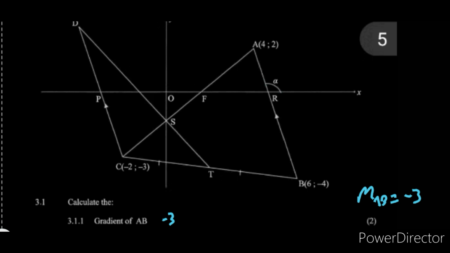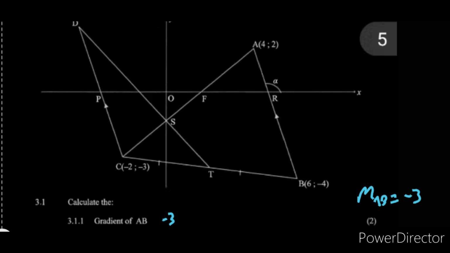For us to calculate the angle of inclination, notice the angle of inclination is strictly the angle between the positive x-axis and the line. What I'm trying to say is that if it is on the left side, it is not the angle of inclination. Sometimes they are indirectly telling you that something is the angle of inclination.